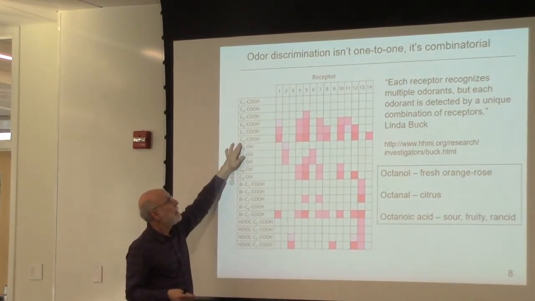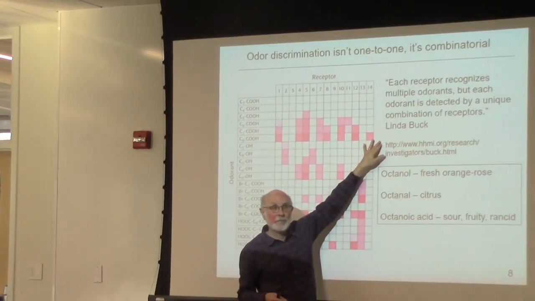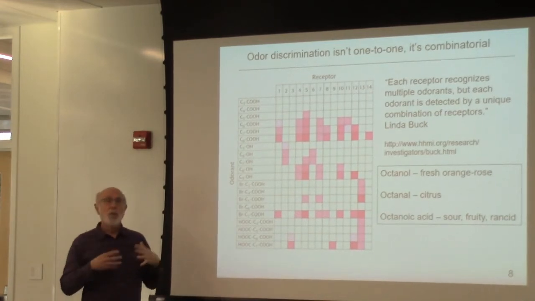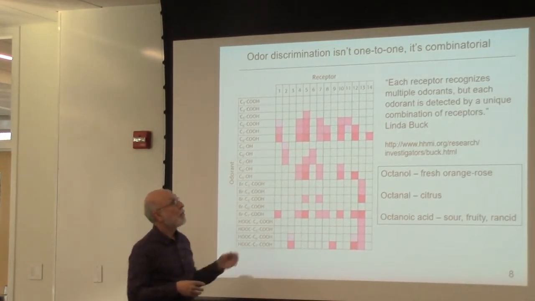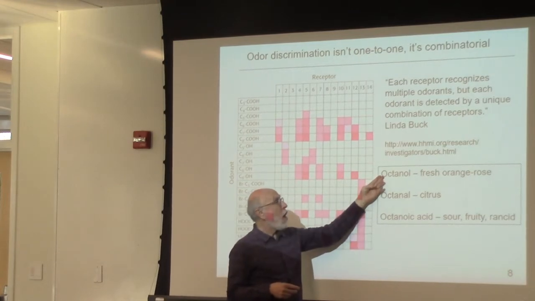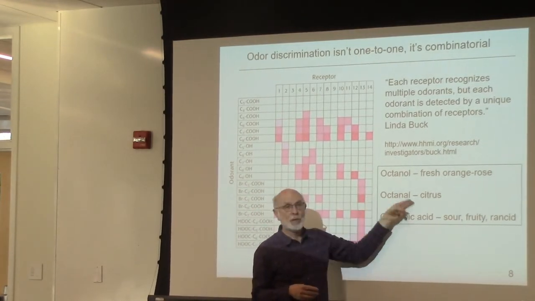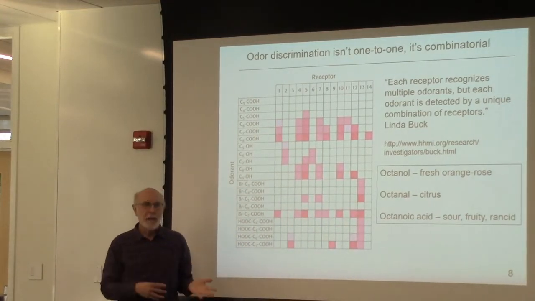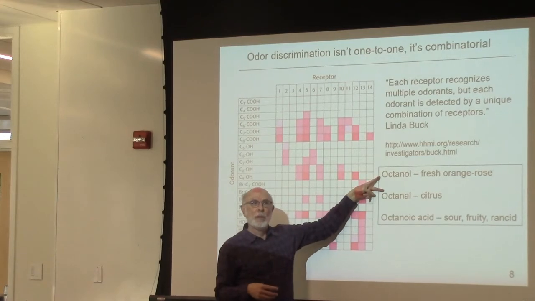This odorant activates a set of receptors. The fact that we have this array allows us to discriminate. So for example, octanol and octanal, which are very similar to each other, we can discriminate because of the slightly different combination of receptors that are activated by those two chemicals.